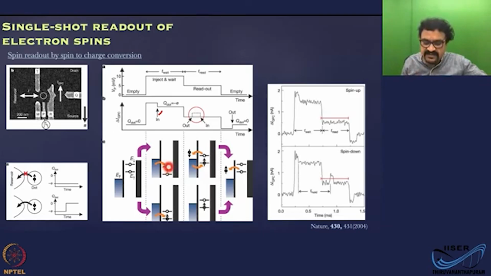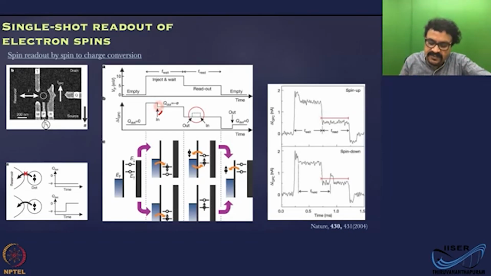If this level is filled, now you change the pulse a little bit. Now there is a small detail here. When one of the levels gets filled, either one, the current will drop a little bit, because though the quantum point contact current is high, the electron jumping into the dot is going to reduce the current a little bit.